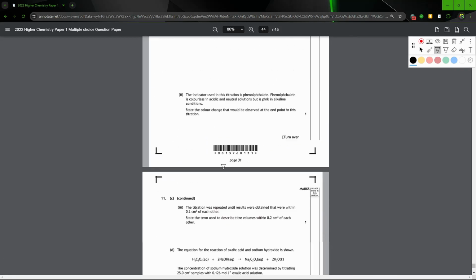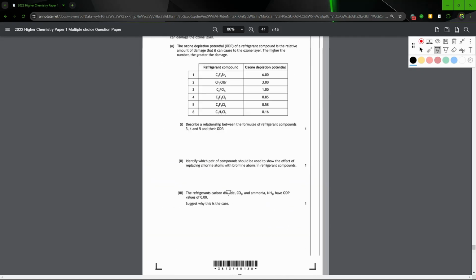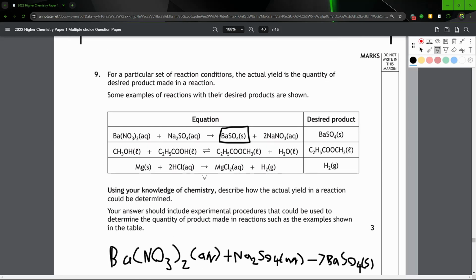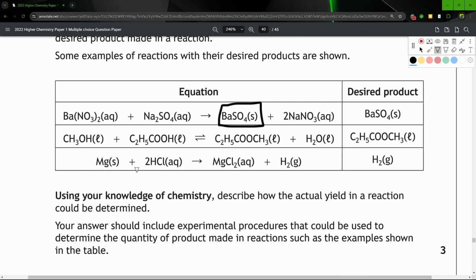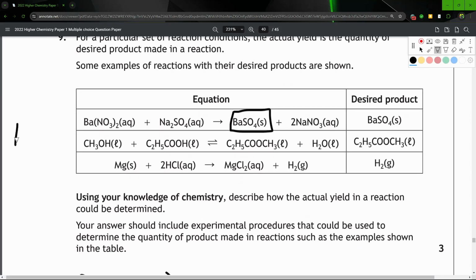So yeah, I could actually go and scroll to the, oh, they don't even provide me with extra paper. Well, that's all you're going to get, but you can talk about the previous answer as well. So what I would do here is that it's a gas, so quickly you can say, okay, I'm going to use a conical flask with hydrochloric acid here. And then we're going to have chips of magnesium.